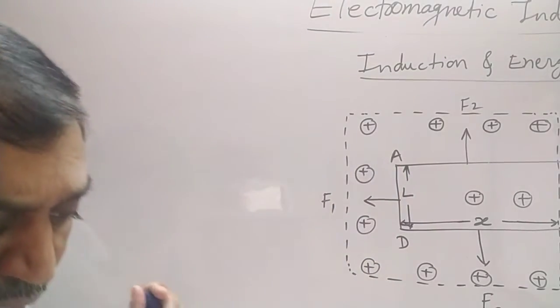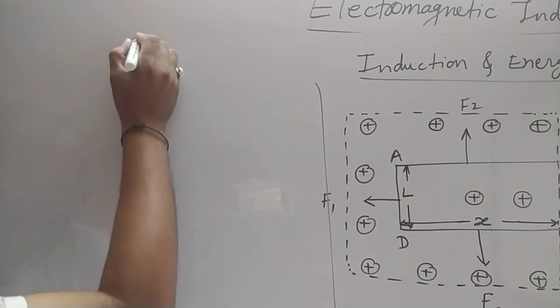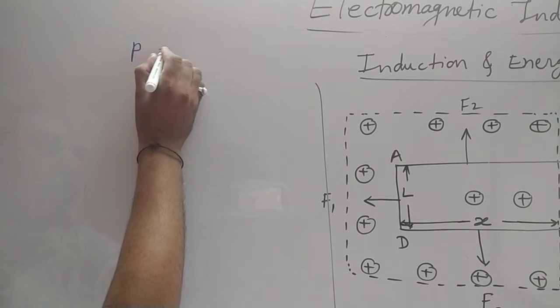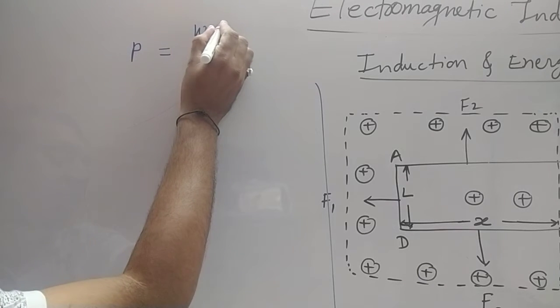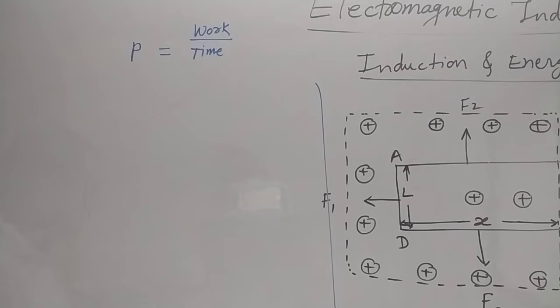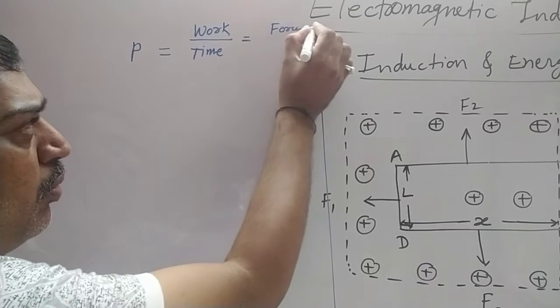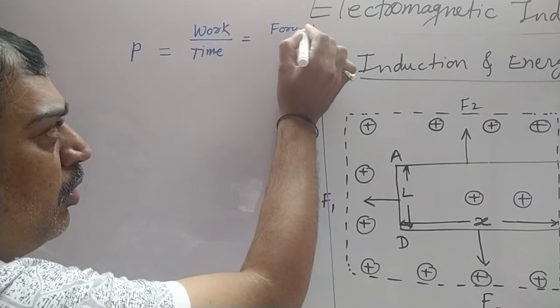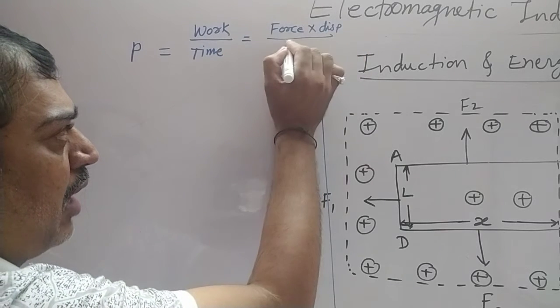Here the rate of doing work on the loop is represented by P. So P is equal to work done on the coil divided by the time taken. As we know, work is force into displacement, so P equals force into displacement divided by time.